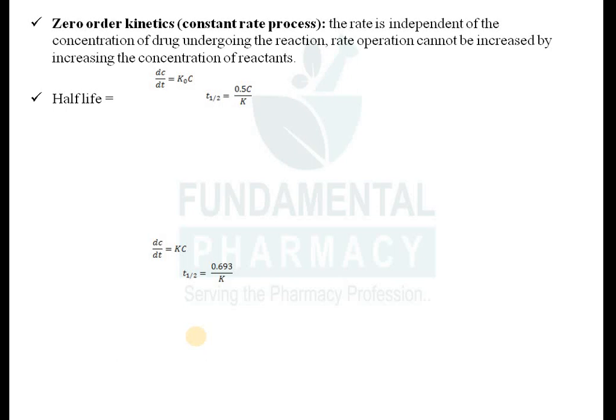It is given by dC/dt is equal to k0, where k0 is nothing but the rate constant, and half life is given by t half is equal to 0.5 C divided by k0. C means concentration, k0 is the rate constant.